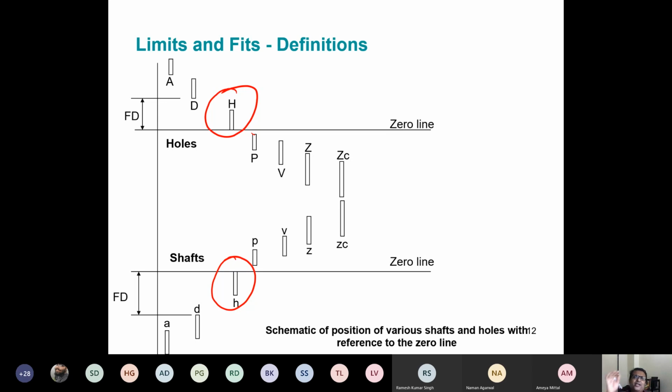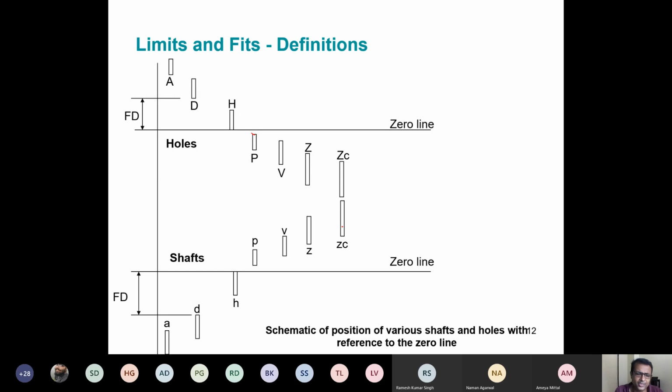In the best condition, if I make both exactly 50-50, or exactly the same diameter, it can be flush. It will be in perfect contact, but in most cases it will be here or here. So in most cases it has to be clearance, but there can be a condition where it may be flush, just one off case.